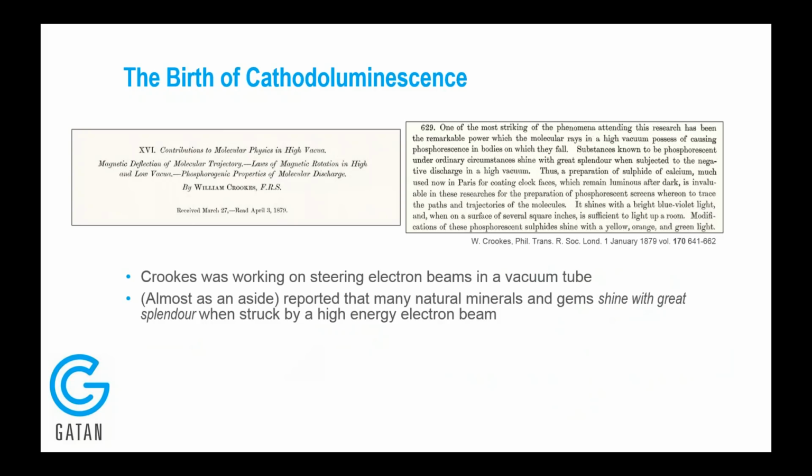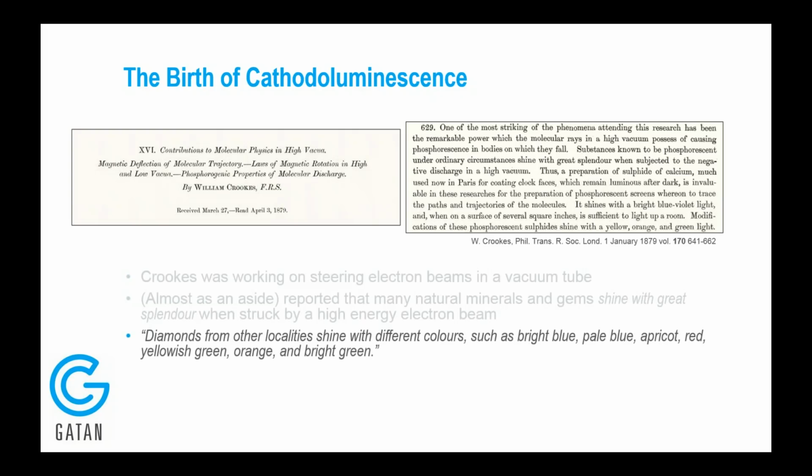Cathodoluminescence has actually been known about for a very long time. It was discovered by a researcher, William Crookes, in the late 19th century, almost 140 years ago, and he was working on steering electron beams within a vacuum tube. Within that scientific article, extracts are published at the top of this slide, almost as an aside, he reported that many natural minerals and gems shine with great splendor when they're hit by the electron beam in his apparatus.